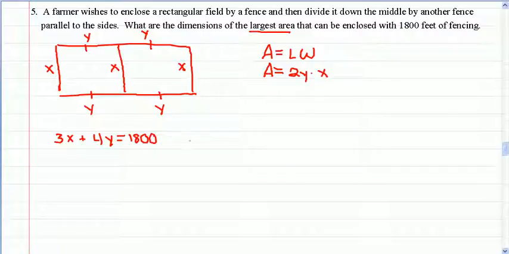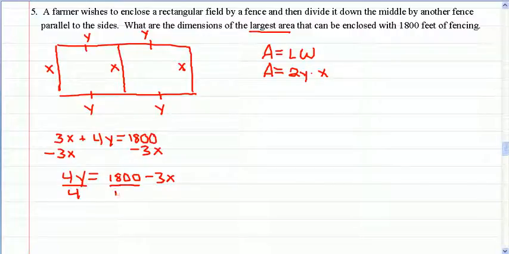But once again, we don't want to take the derivative with a y and an x. We only want to use one variable. So I'm going to solve for y, so that 4y is equal to 1,800 minus 3x, so that y is equal to 450 minus 3/4 x.